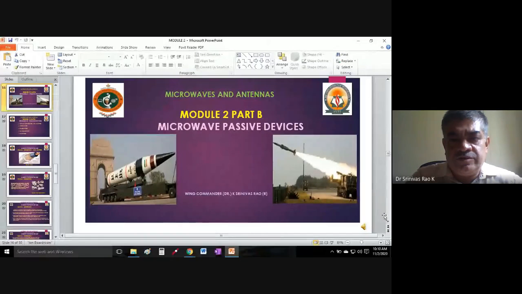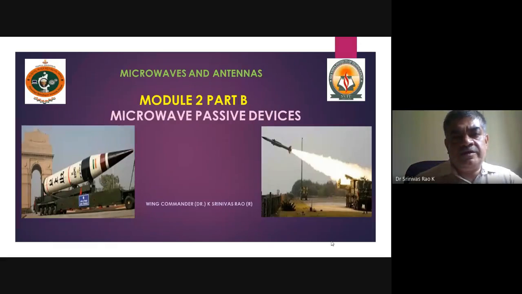Okay, Jai Hind everyone. Today we are going to start with a new subtopic, that is Module 2 Part B, microwave passive devices. Till now we have completed all our Z parameters, Y parameters, and then scattering parameters, S parameters. We also solved certain problems related to S parameters, Y parameters, and Z parameters.